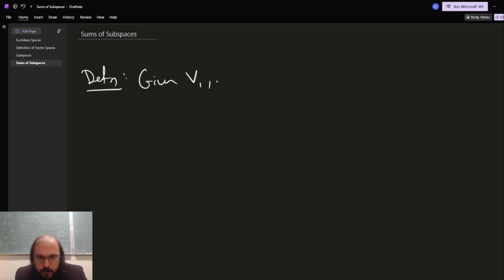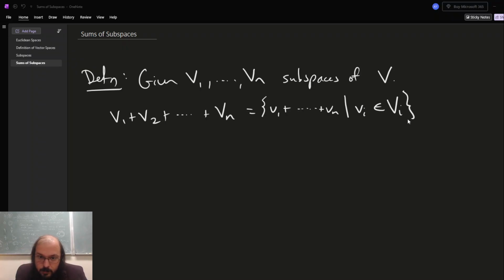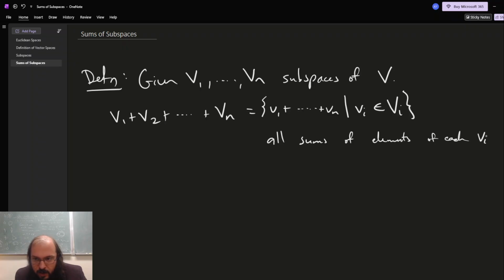Given V1 through Vn subspaces of a vector space V, we define V1 plus V2 plus and so on up to Vn to be the set of sums that you get, v1 plus and so on up to vn, where each little v belongs to its corresponding big V. In other words, take all sums of elements of each Vi.